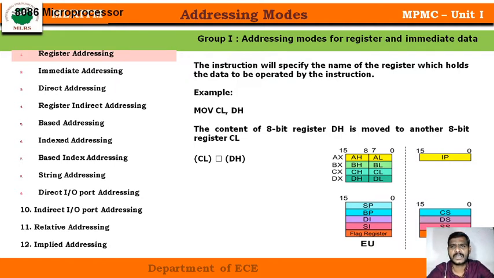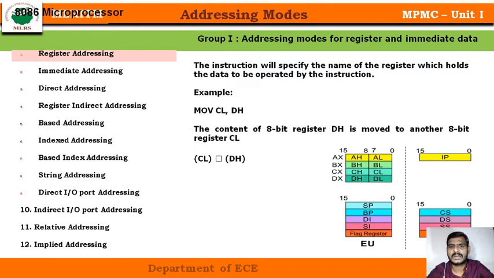If you see an example, MOV CL, DH, where MOV is the operation, CL is the destination and DH is the source, where the source is defined in a register.